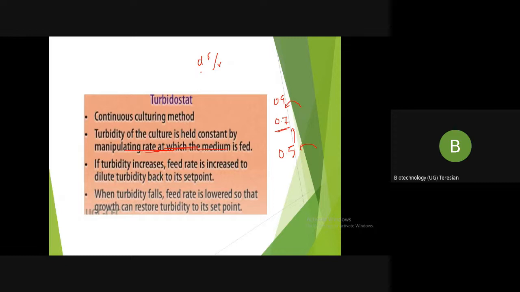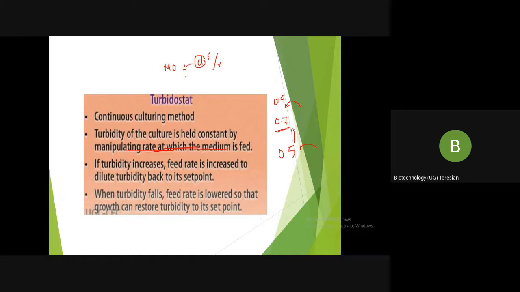Whatever number of cells is produced, the same number of cells is being removed. That is the steady state. So under the steady state condition, specific growth is controlled by the dilution rate. You control the growth of the microorganism by varying the dilution rate.